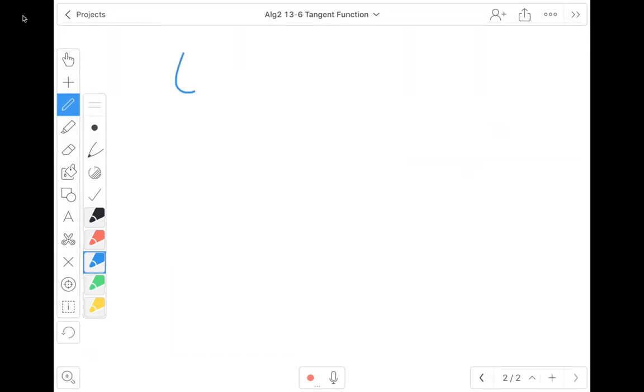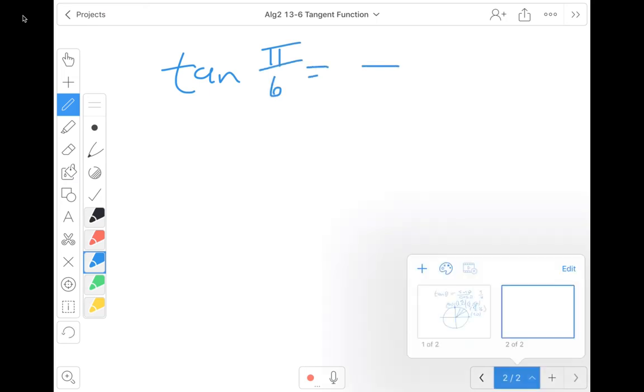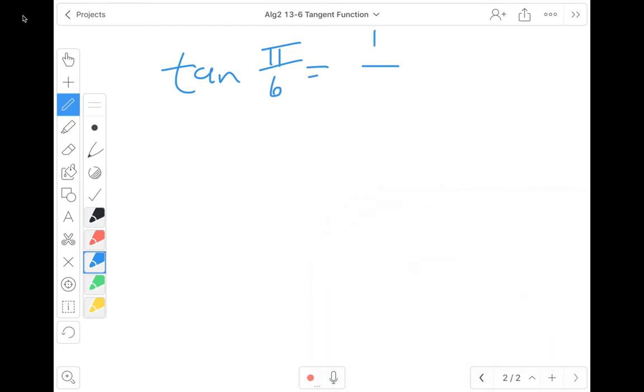So what is the tangent of pi over 6, for example? Okay, the sine of pi over 6 was 1/2. And the cosine of pi over 6 was square root of 3 over 2.